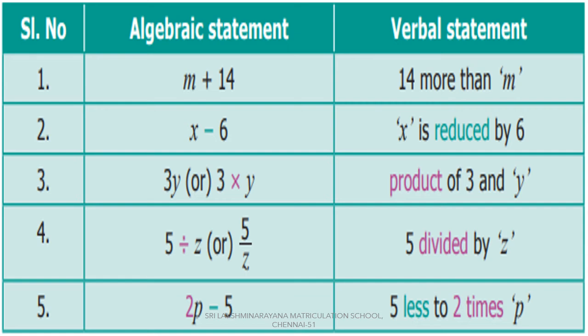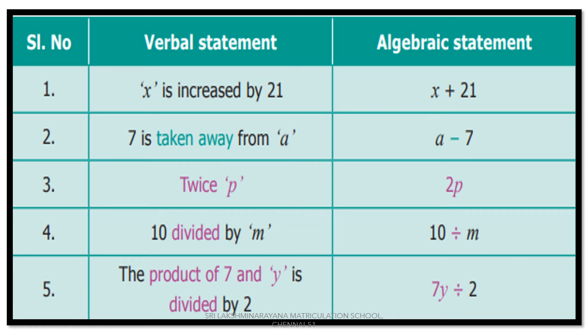How many operations are there? 2p means 2 into p, minus 5. So there is multiplication and subtraction. This can be written as 5 less than 2 times p, or 2 times p minus 5.